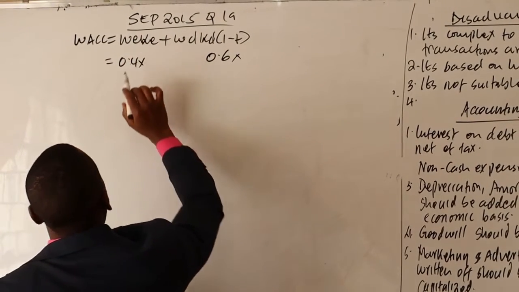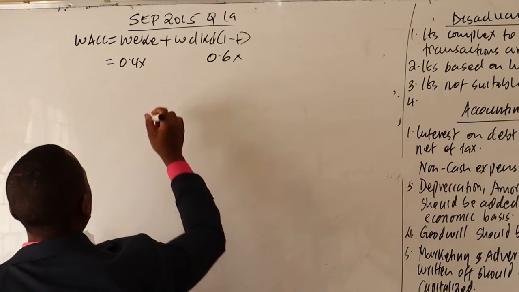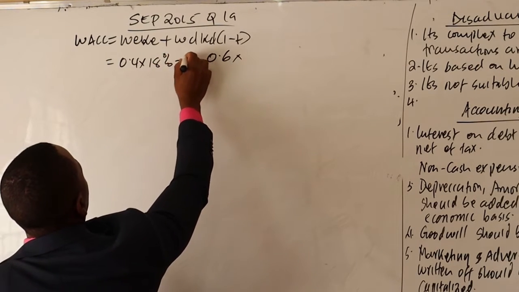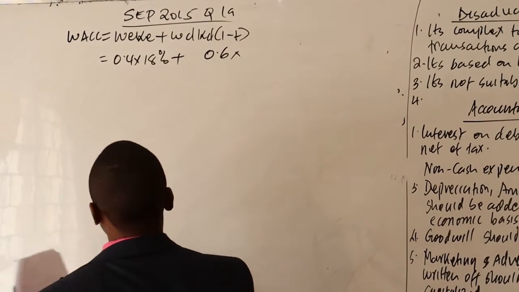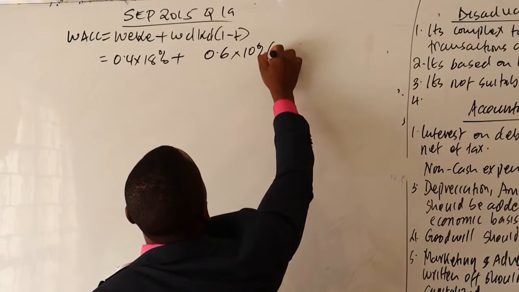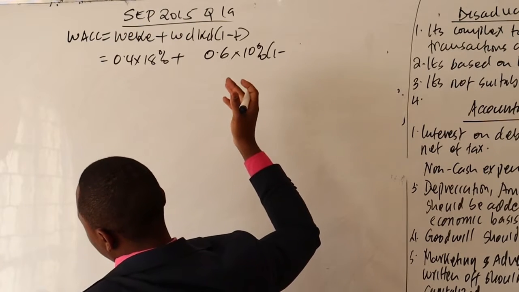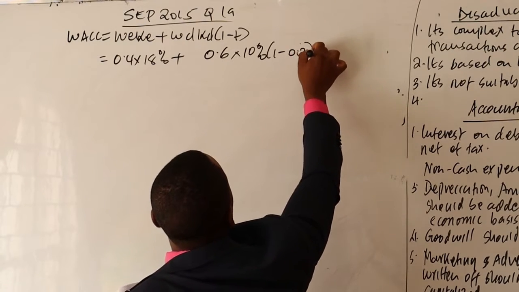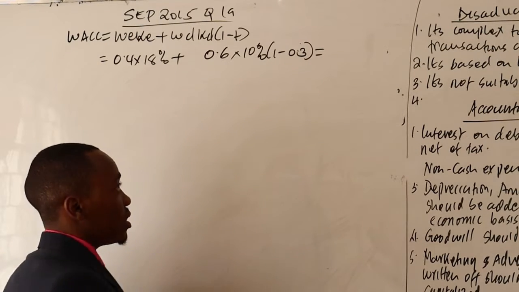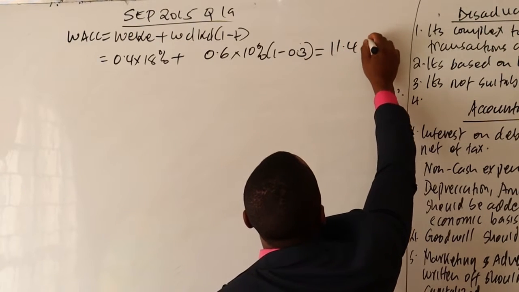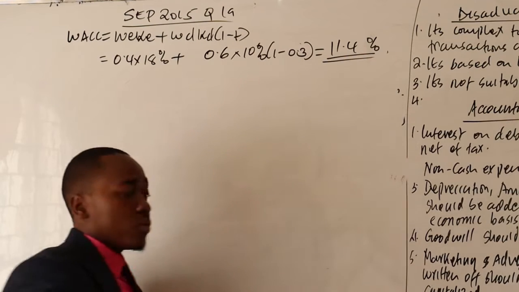So weight of equity, 0.4, times cost of equity, which we are given as 18%, plus weight of the debt, which is 0.6, times the cost of the debt, which is 10%, times 1 minus tax rate. We are told that the tax rate is 30%, 0.3. So what do you get as our WACC? You get 11.4%. So that's the first step.